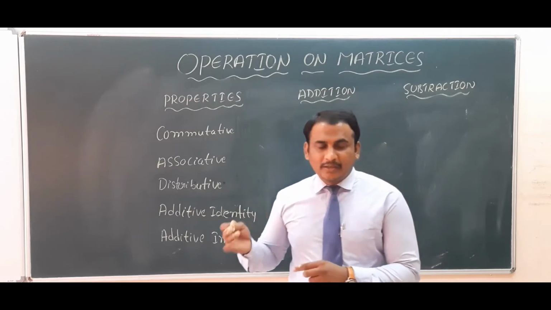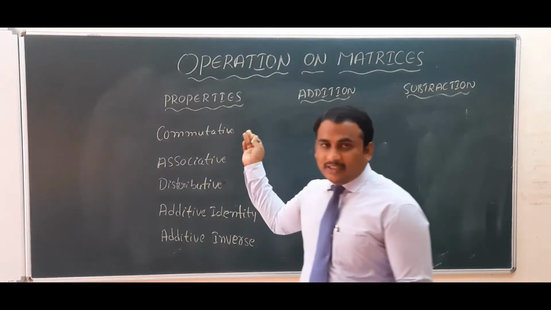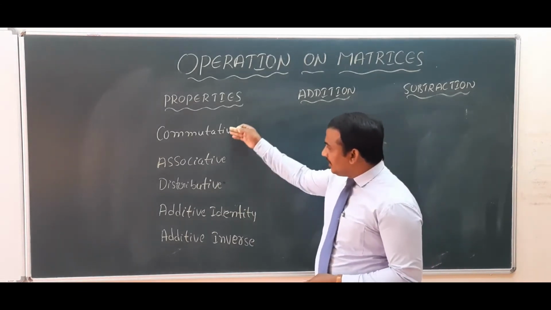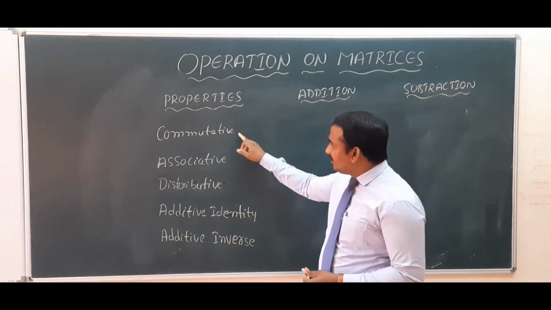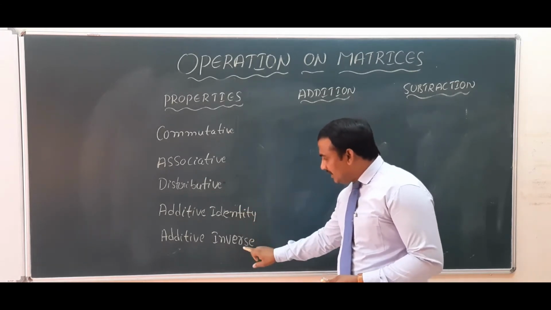Before going to the multiplication of a matrix by a scalar, we will discuss the properties of addition and subtraction. Here we have 5 properties in total: commutative, associative, distributive, additive identity, and additive inverse.